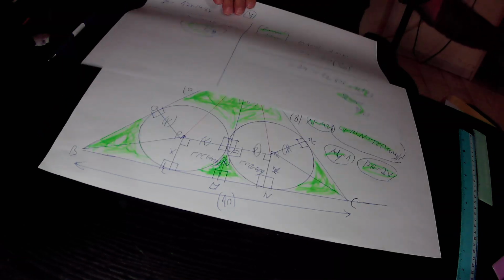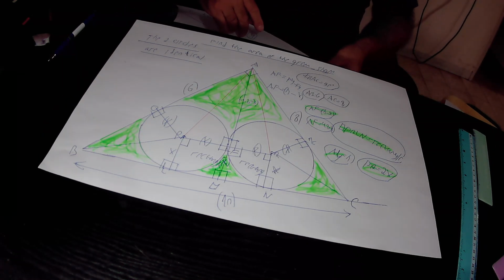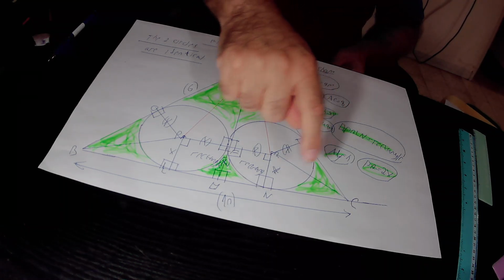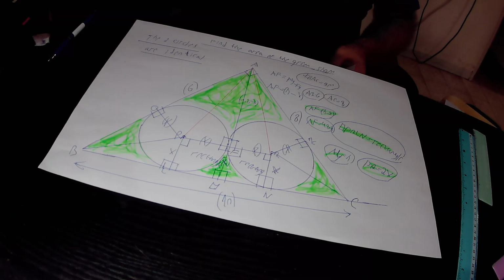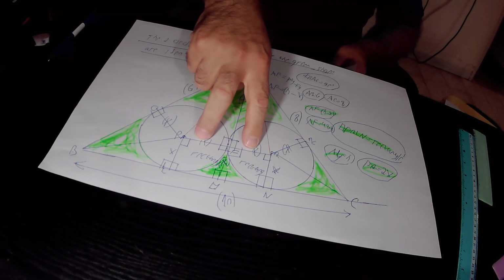Our task is to find this green shape. From the drawing, it is very easy to see that its area equals the area of the big right triangle ABC minus the area of those two circles. We found that the area of this big right triangle ABC equals 24. Since those two small circles are identical, they have the same areas.